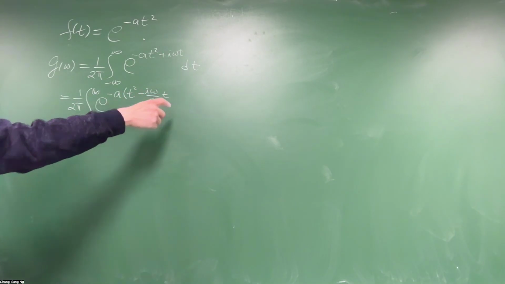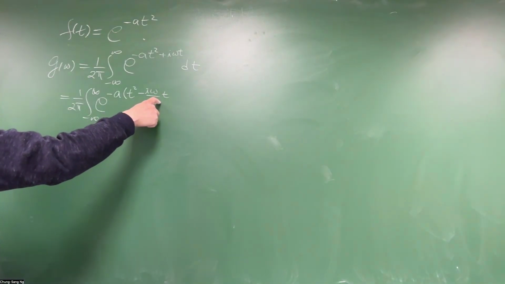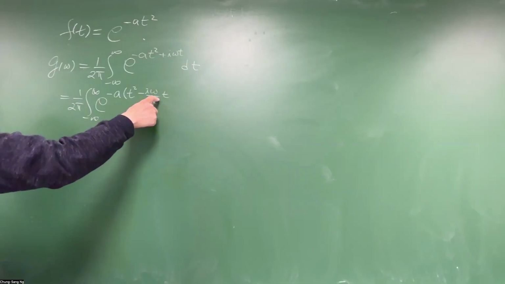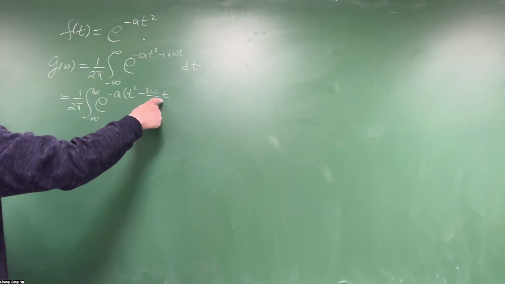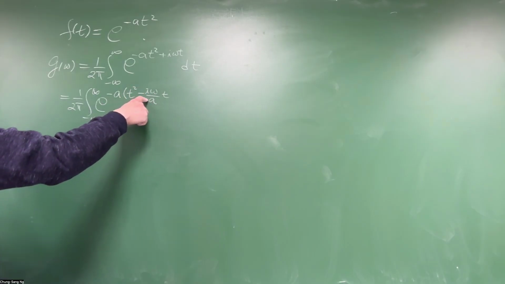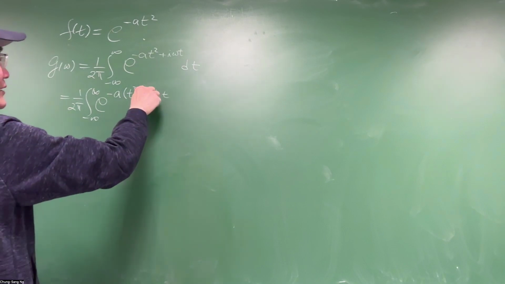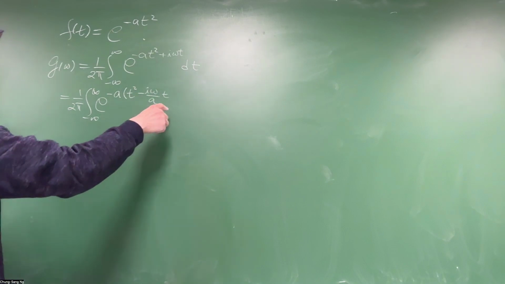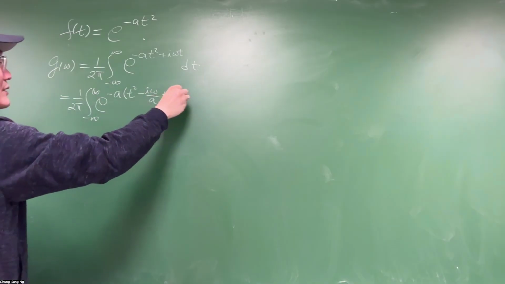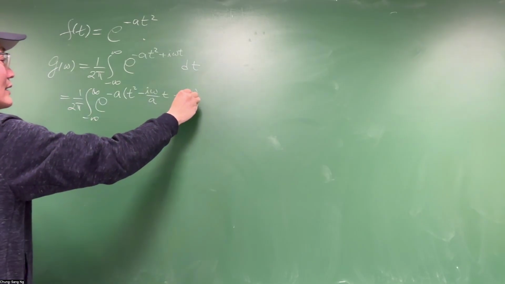But then you want to add something and subtract something. You add something so that this is the square term, I mean, this is the cross term of a square. The first thing you multiply by 2 and divide by 2. And this term must be the square of whatever with the 2, right? But now you have to be a little careful. You have an i also. You have to keep the i. So other than the 2, the rest is i omega over 2a.